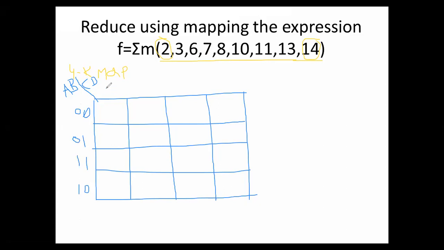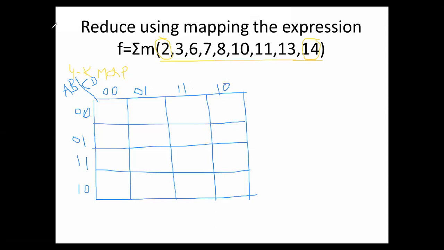Okay. Like that here at this side also for CD variables, the combinations are 0 0, 0 1, 1 1, 1 0.